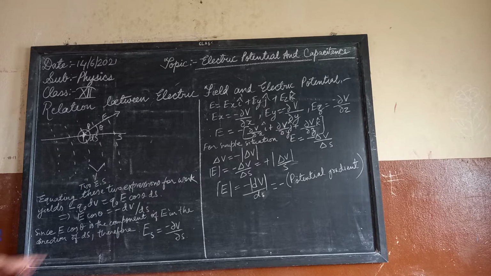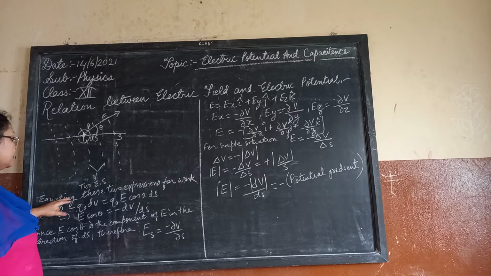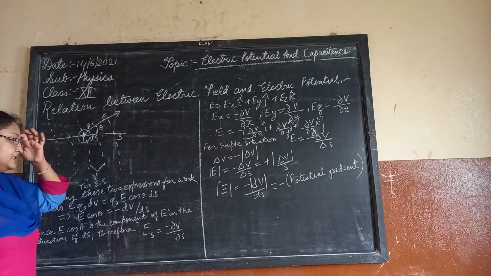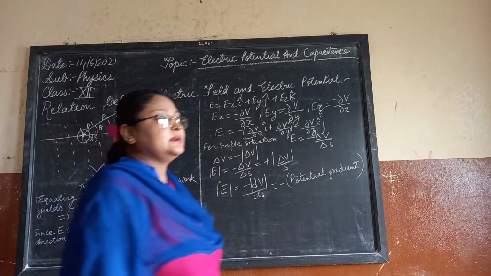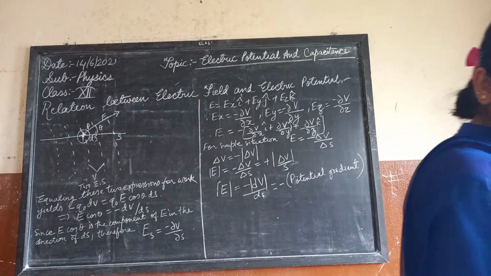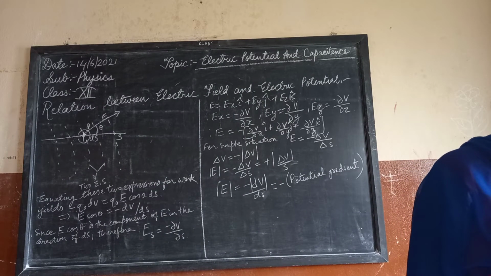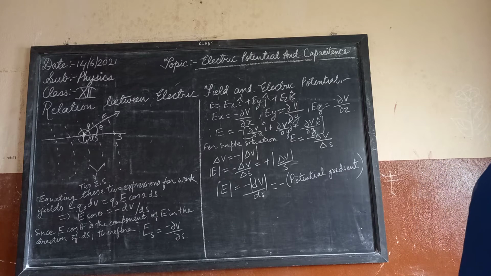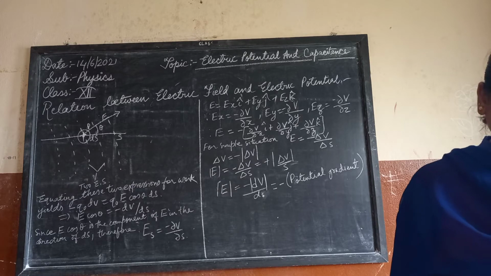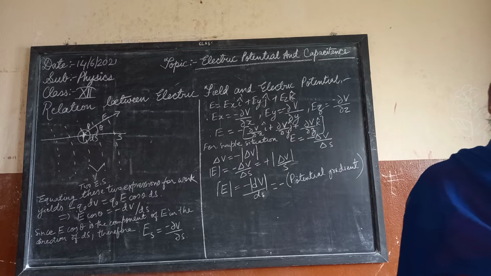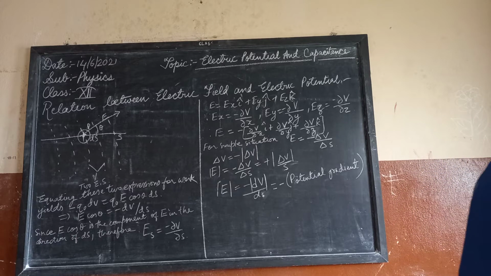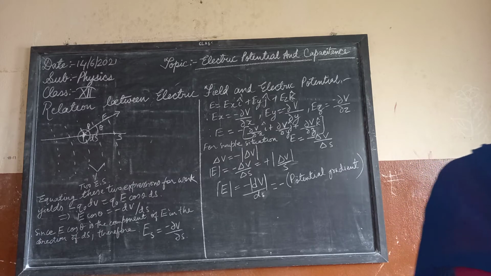Now equating these two expressions for the work: E dot ds is equal to E cos theta ds, which is the scalar product. The work done by the electric field on this test charge is minus Q0 dV.